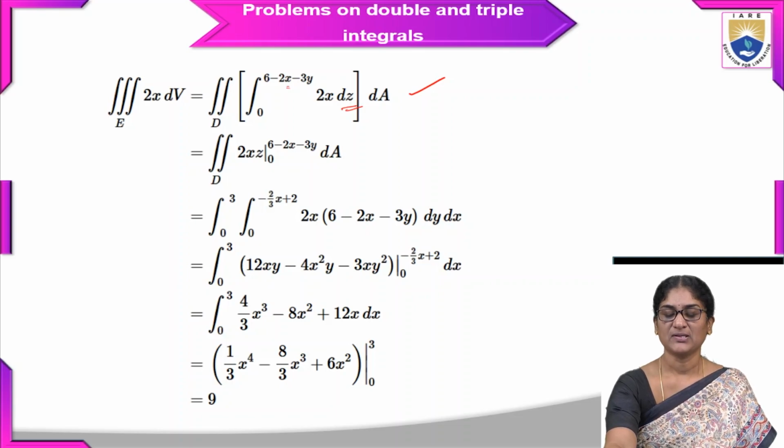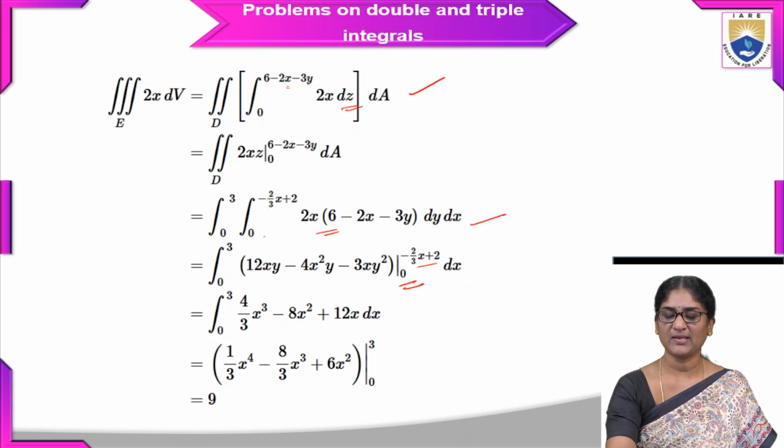So the limits of z are 0 and 6 - 2x - 3y, into dA. Now the integral from 0 to 3, the integral from 0 to -2/3 x + 2, of 2x(6 - 2x - 3y) dy dx, which is the integral of 12xy - 4x²y - 3xy², taken from the limit 0 to -2/3 x + 2.